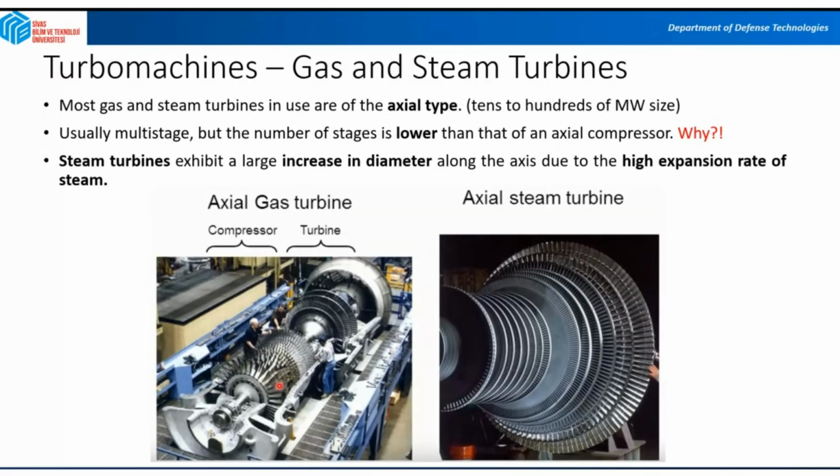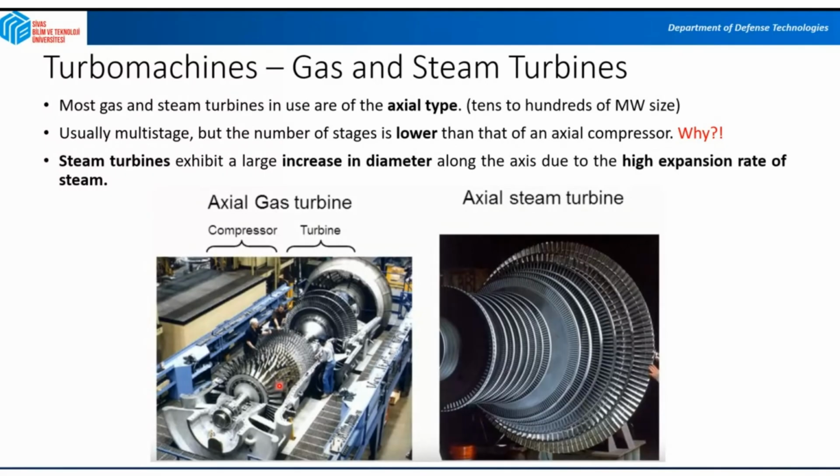So in just one or two stages, you can take all the energy of the fluid and give it to the shaft, and also to the exhaust as a jet. Is it clear? So the answer to this question is that the compressor is working in an adverse pressure gradient, but the turbine is working in a favorable pressure gradient.